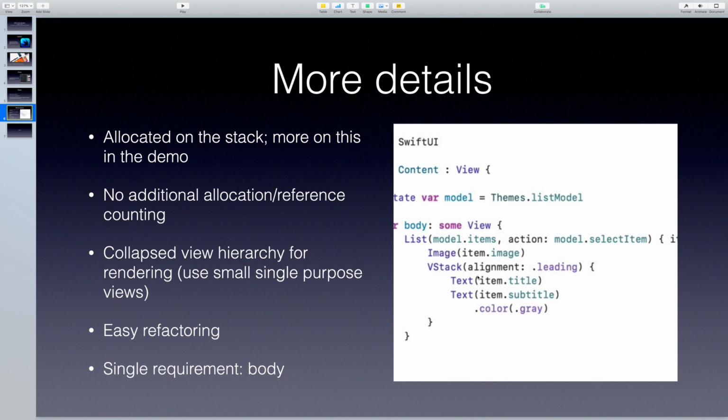There's no additional allocation or reference counting runtime overhead, and the collapsed view hierarchy for rendering has led to the creation of small, single-purpose views. That's what the Human Interface Guidelines also say.